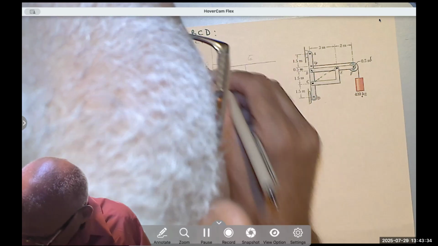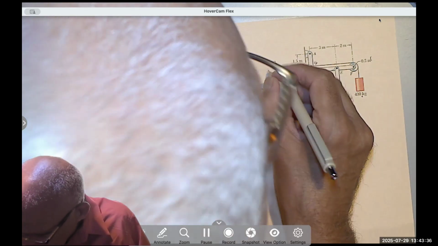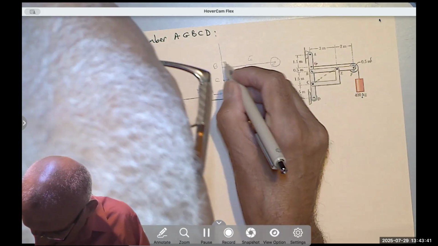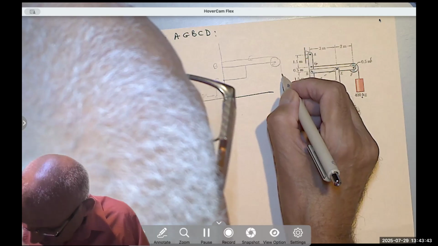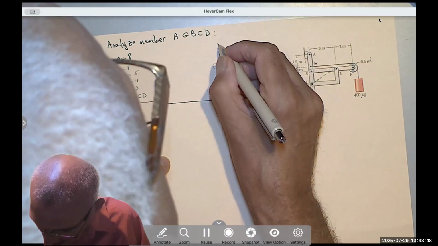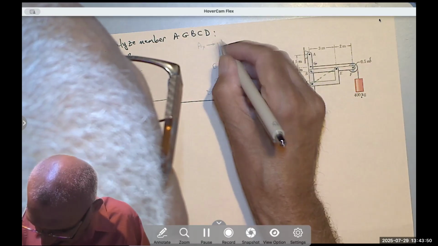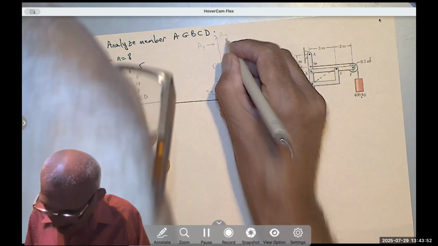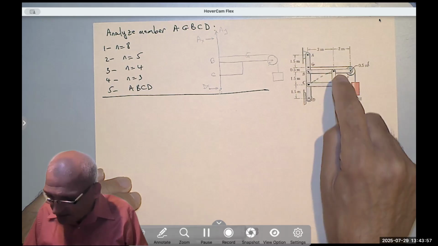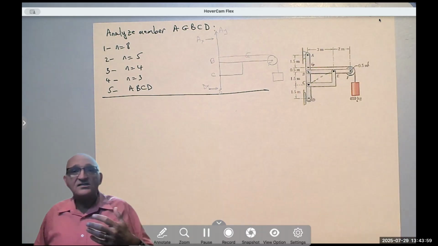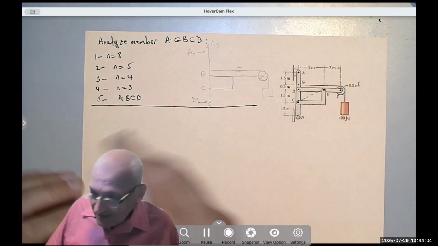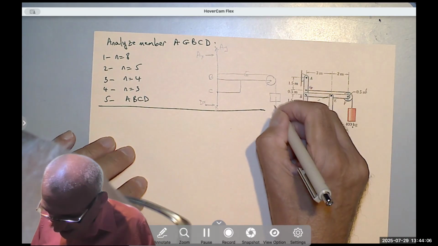This point is B. That point is F. I have a pulley, a cable. This cable is going down. And this is AX, AY. Notice, I only see DX, AX, and AY. I don't see BX and BY and all of that because these are internal forces. I only see what's outside and any external force that exists.